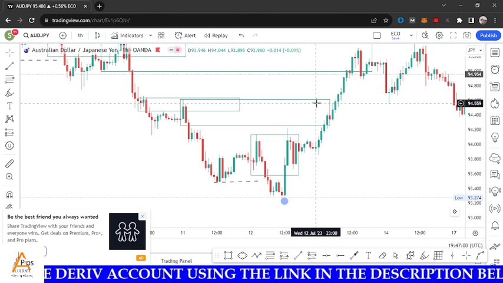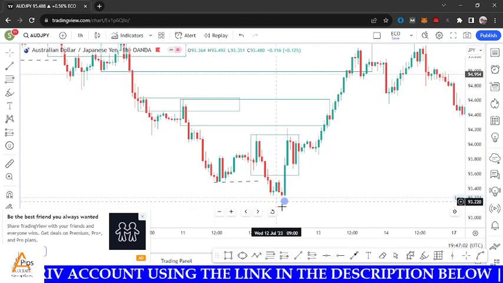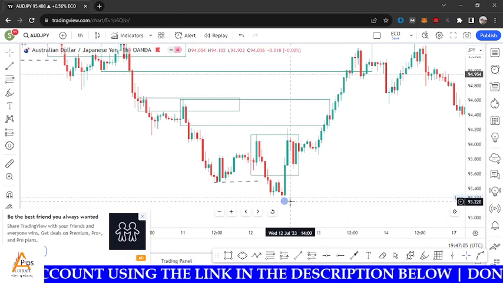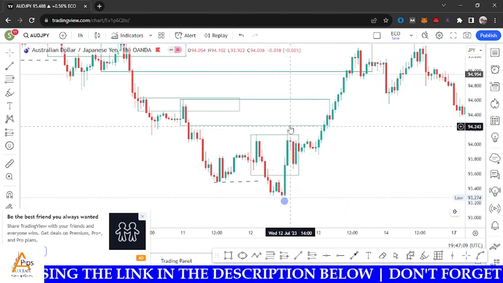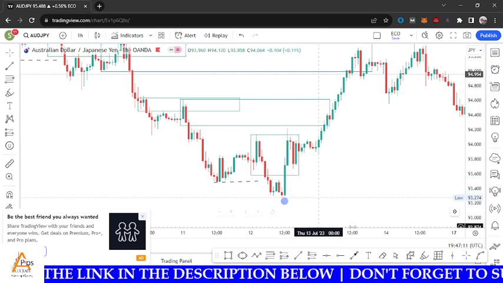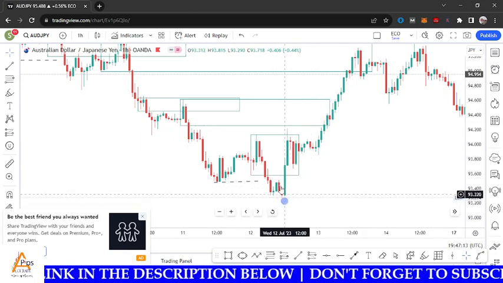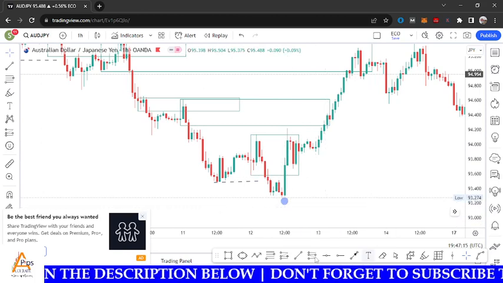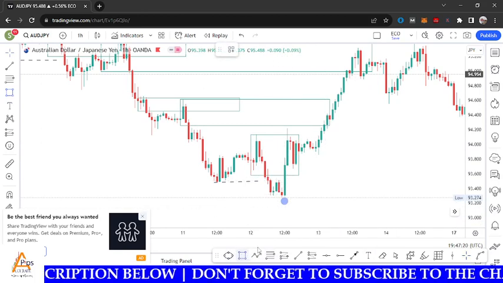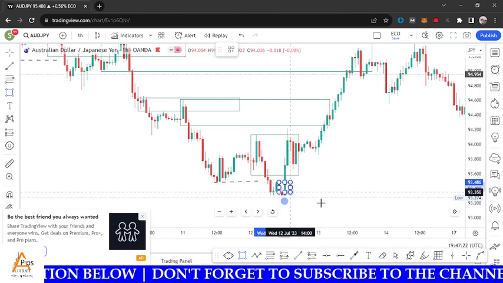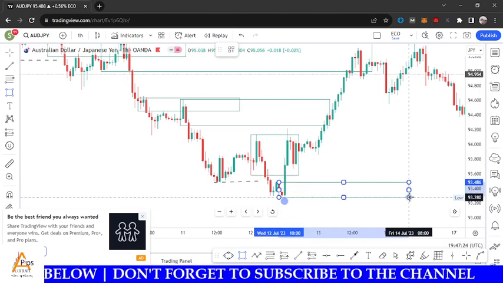So here, this is our last selling momentum before this bullish move. Okay, so this is our bearish order flow over here. This is our first extreme bearish order flow.